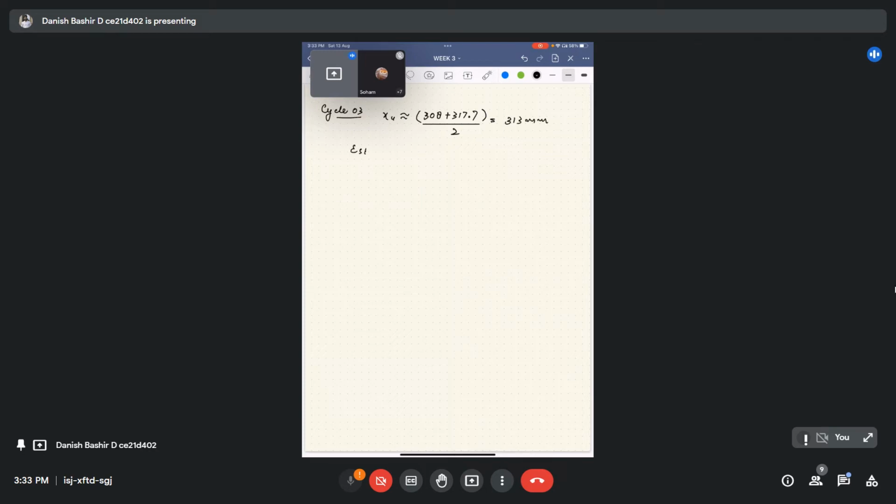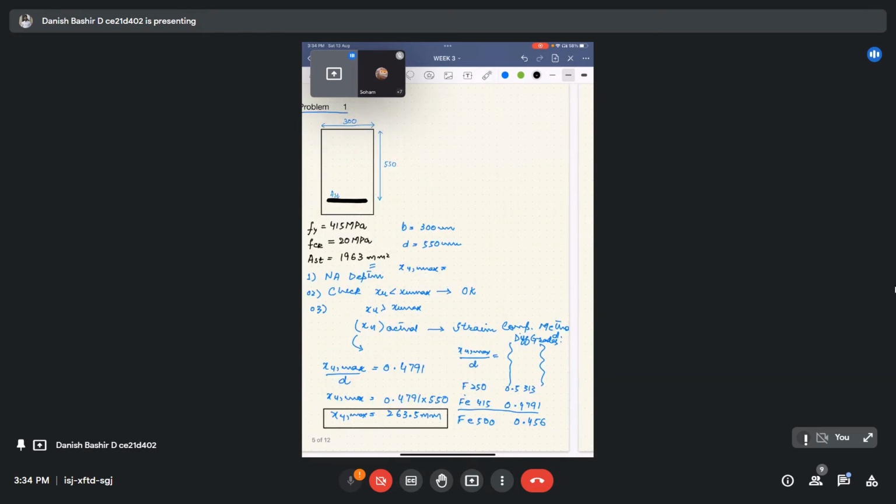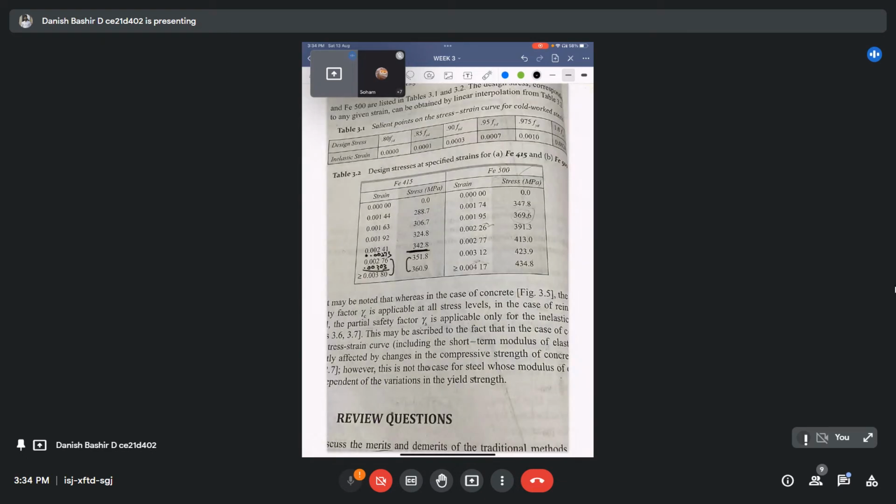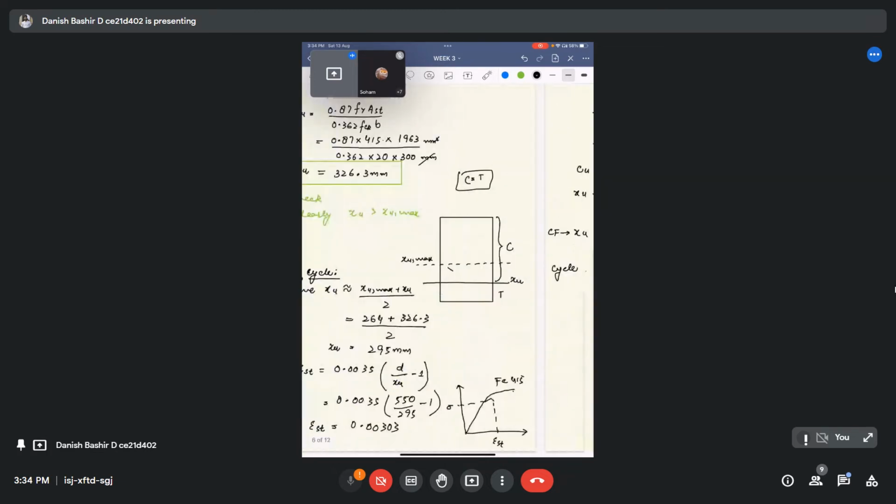Calculating the strain in a similar fashion, epsilon ST is 0.0035 (550 divided by 313 minus 1). We get the strain 0.00265. Look for this strain in the table, 0.00265. It's also staying here in between these two values, so the stress will be like here.